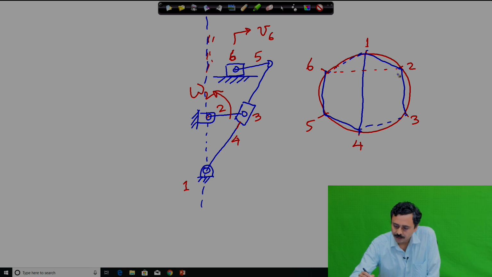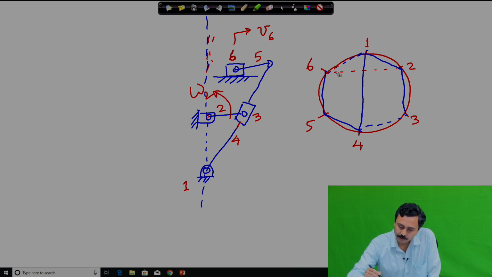Now, I have to find out another path from 2 to 6. One is 1 2 and 1 6. I have to find another path, which I can do like this.